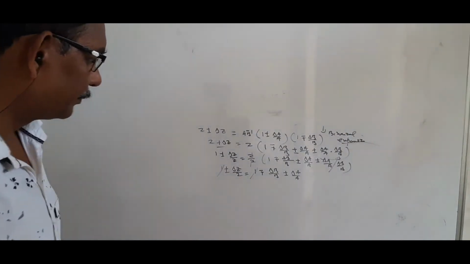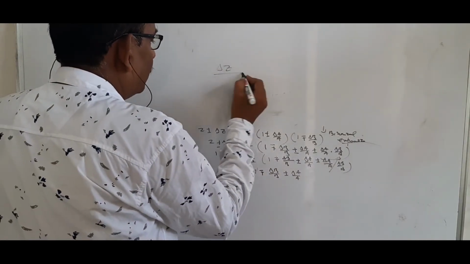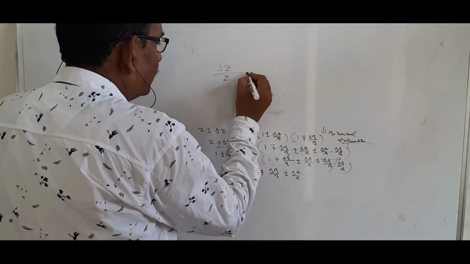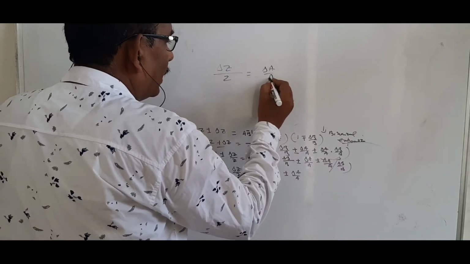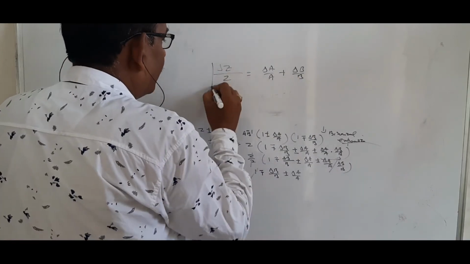Now this value became the maximum fractional error, delta Z by Z is equal to delta A by A plus delta B by B.